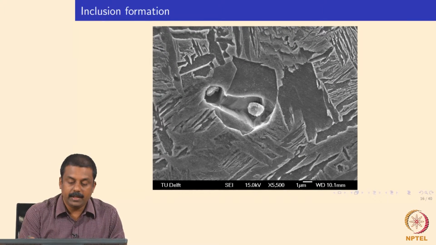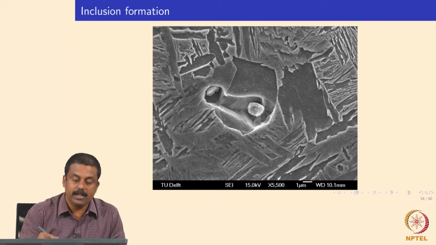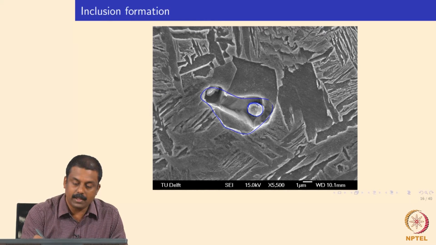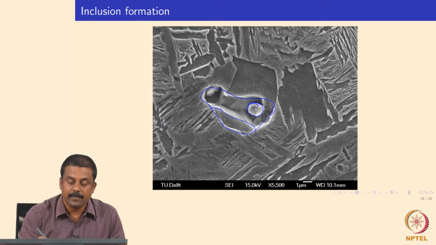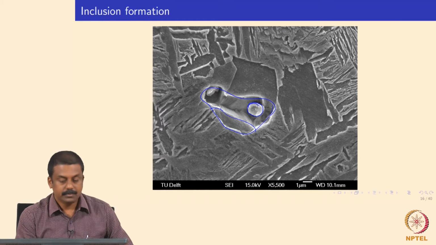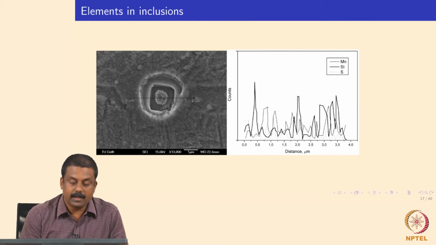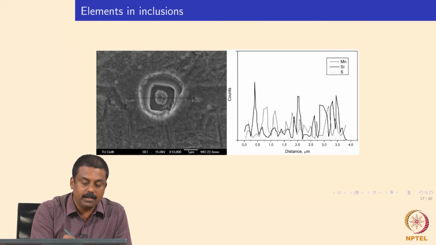You see various morphologies based on the temperature at which they form. Invariably, in the middle you have oxides of silicon and aluminum, and then an epitaxial enrichment of the other inclusions that form in and around the oxide inclusions. If you look at the elemental mapping, it is very clear. Looking at the distribution of alloying elements, in the middle is the oxide.